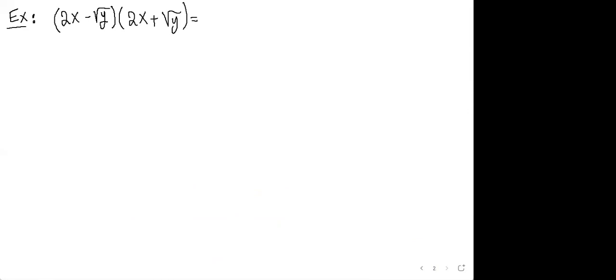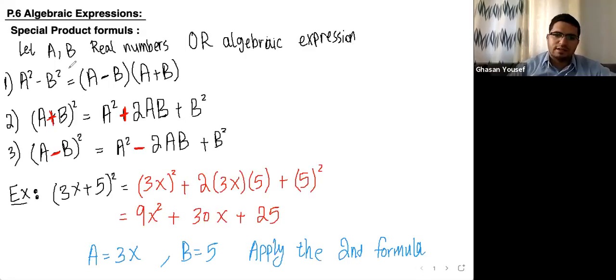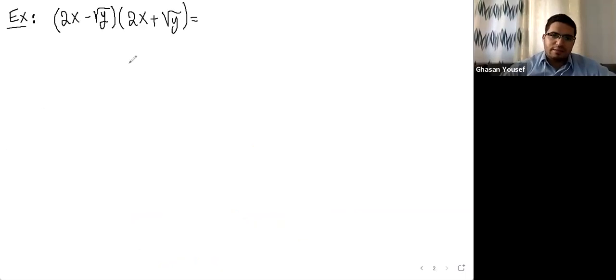The first one? First one, this is correct. So if we go back to the first one, I see here a squared minus b squared equals the first term minus the second term times the first term plus the second term. If we go back to the example, I see here 2x, and in the second parenthesis 2x.